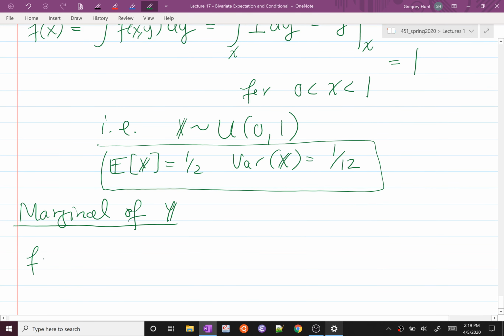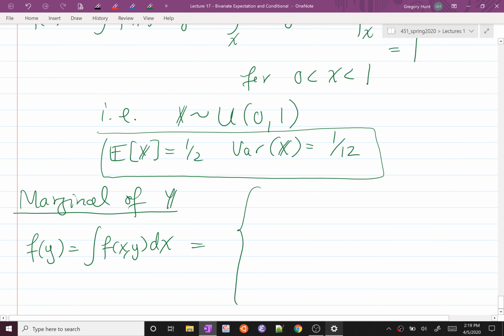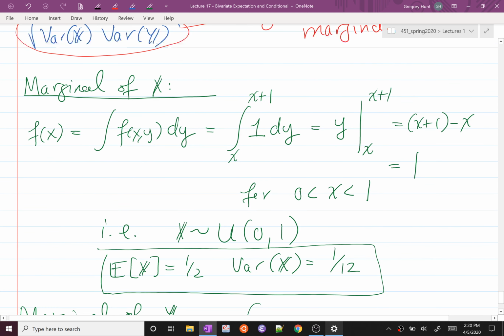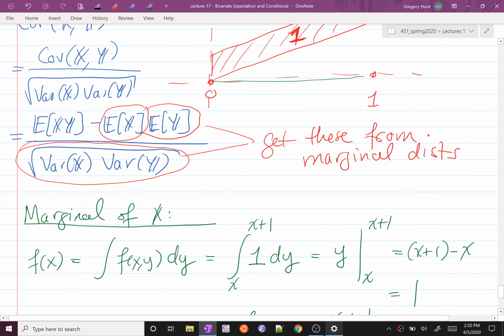Kind of similar process. F of y is we take the joint and we integrate out x. This will have two cases. So there are going to be two cases here. If y is between 0 and 1, so let's go back up to our picture here.